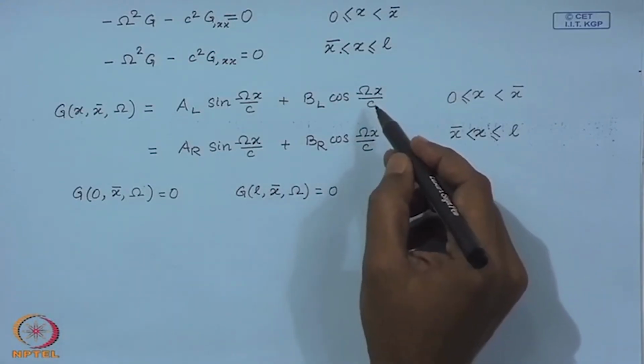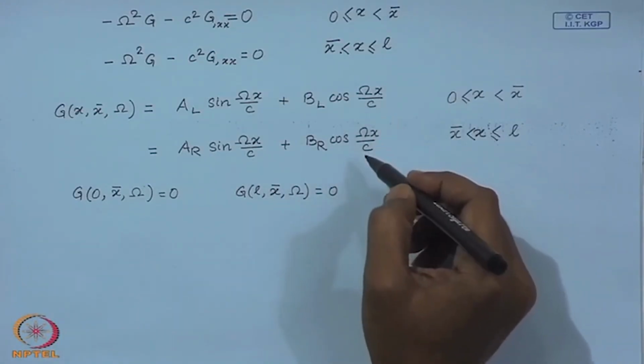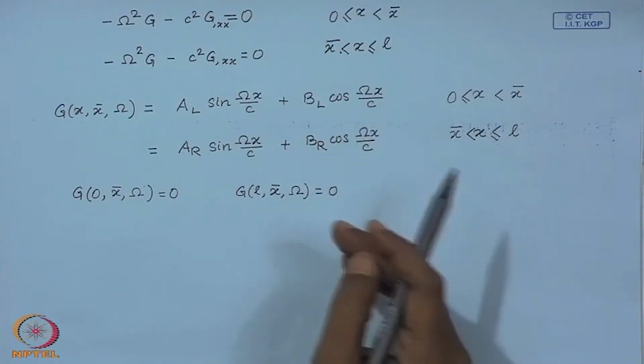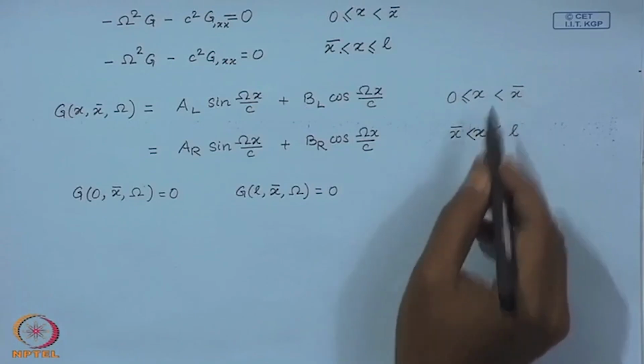Now, we also have the continuity conditions at this junction x equal to x bar.